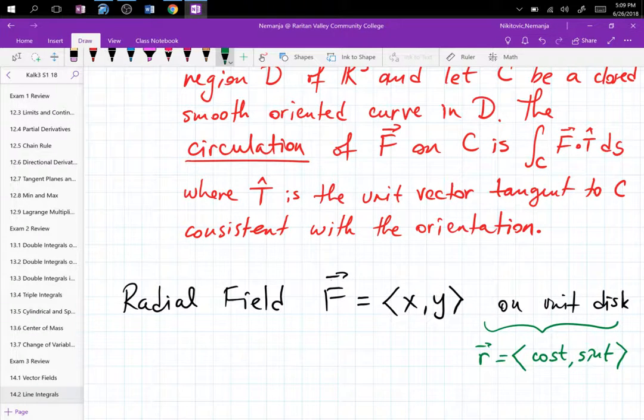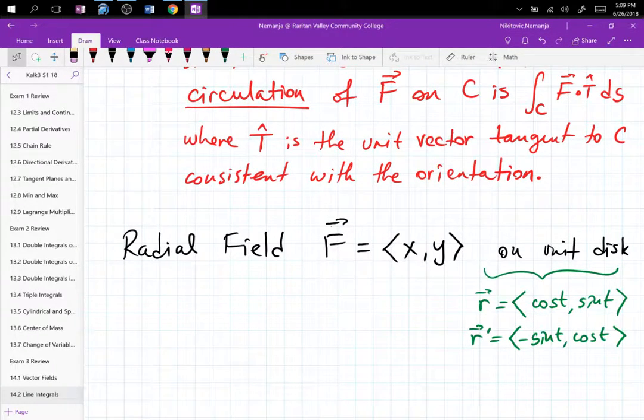Right, that's that. And then I have r prime, which is negative sine t, cosine t. And to calculate our circulation, this is the good old integral from yesterday, which is exactly the same.